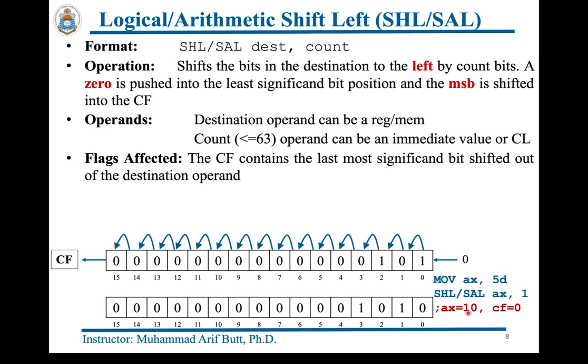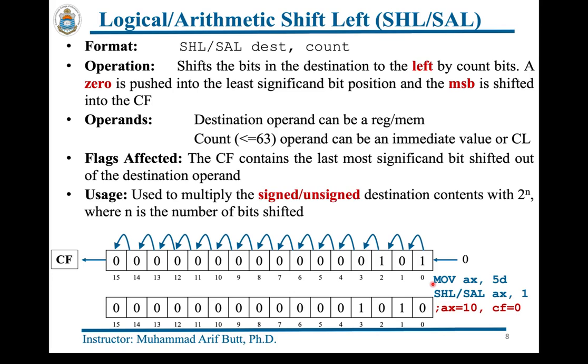Do note the contents of the AX register is now 10. Previously it was 5. This one has moved on to this position and this one has moved on to this position, so this counts up to 10. That is, the previous contents of the AX register are multiplied by 2. 5 into 2 is equal to 10.